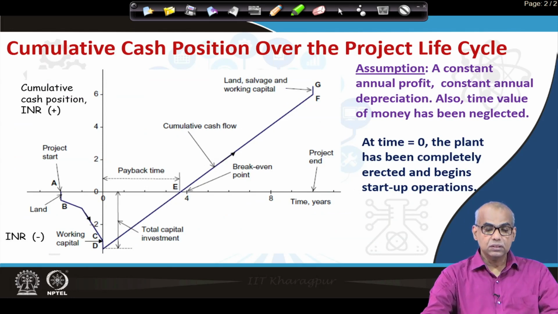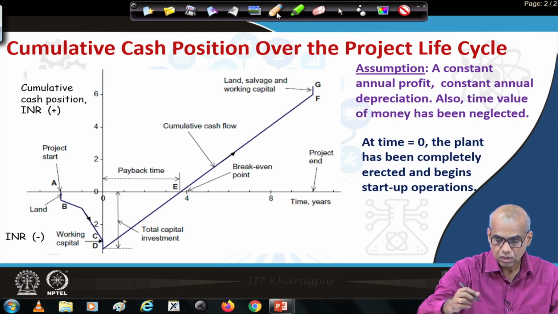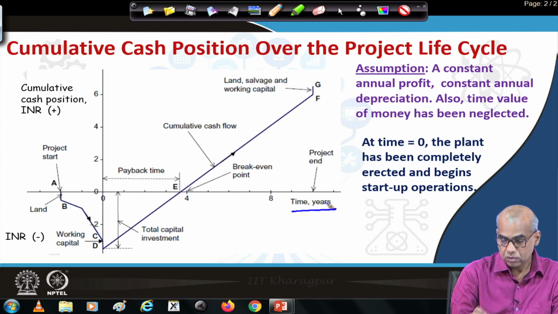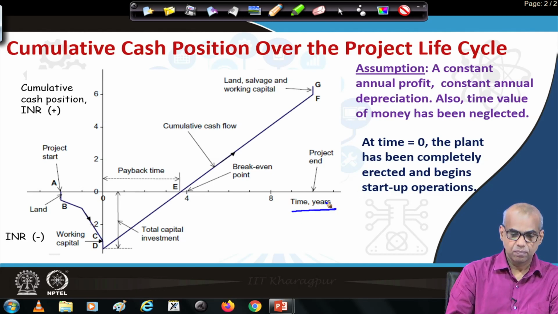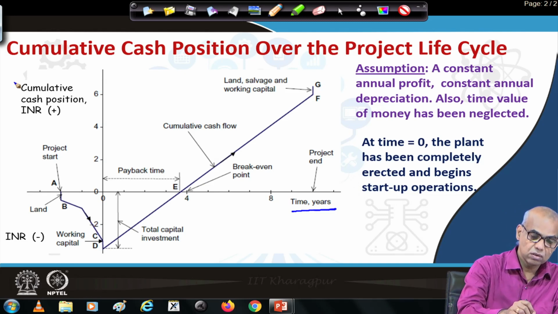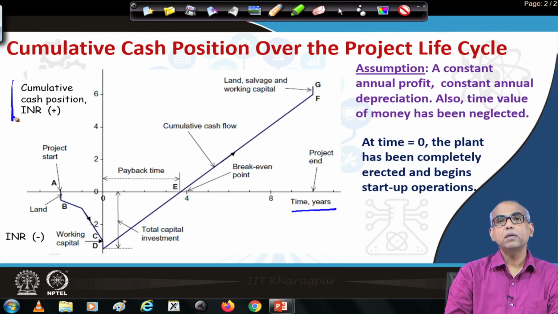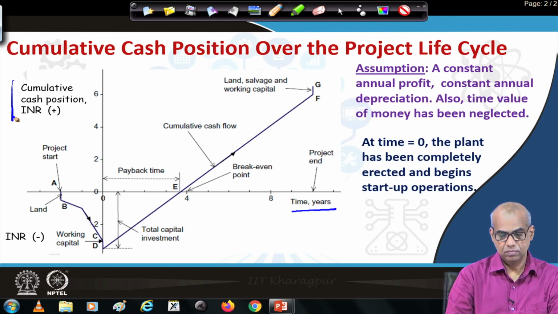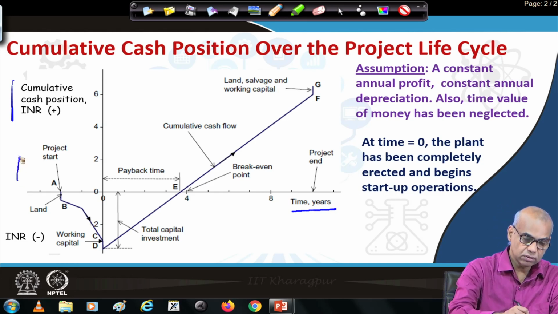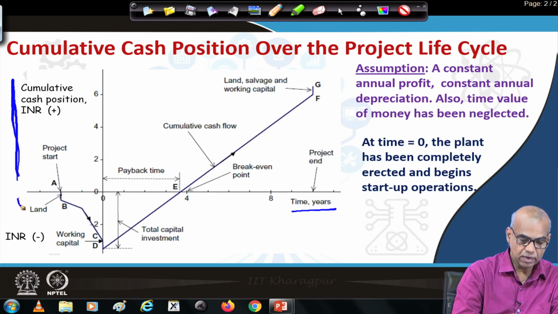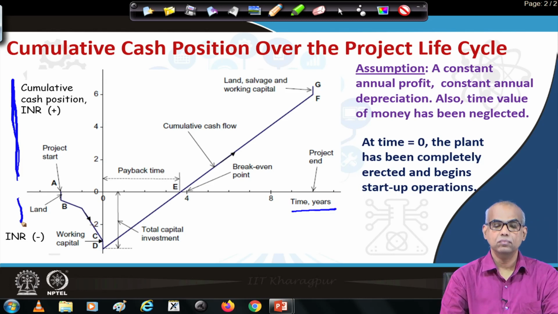Now, what you see is the cumulative cash flow diagram of a new project. On the horizontal axis, we write years, and on the vertical axis, we put cumulative cash position. Note that the cumulative cash position takes both positive and negative values.